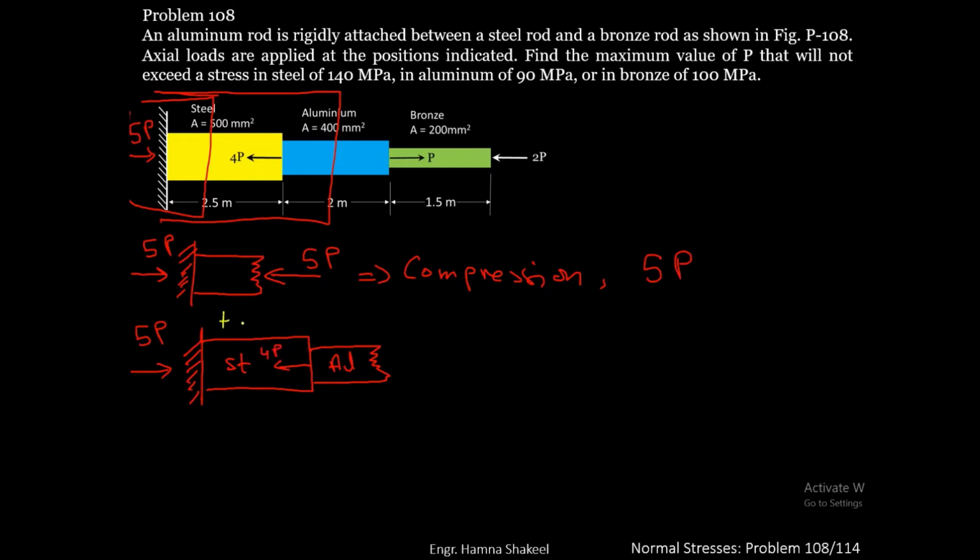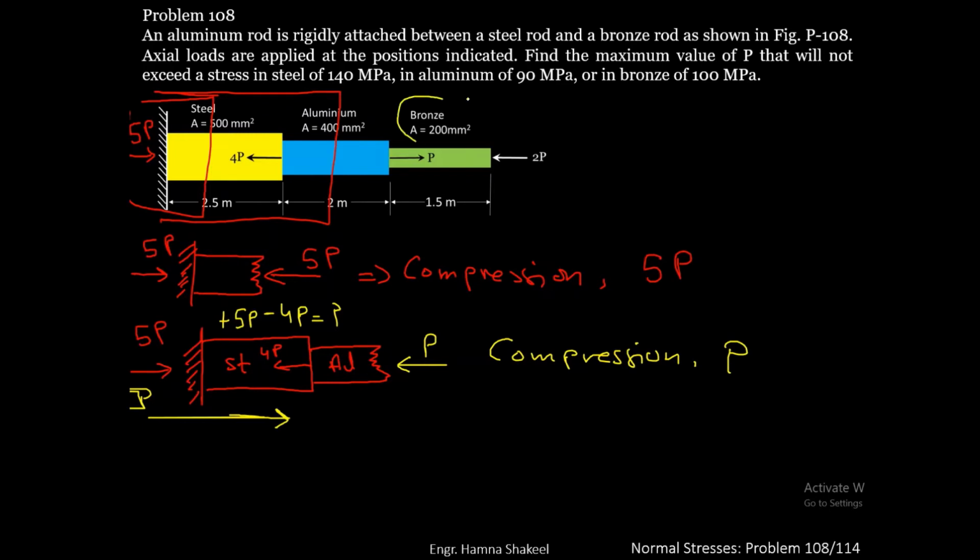So here you have plus 5P minus 4P equal to P. So you have a net force of P acting on this assembly, so you will have a reaction of P here on the aluminium. So again you can say that aluminium is under compression and the compressive force on aluminium is P.